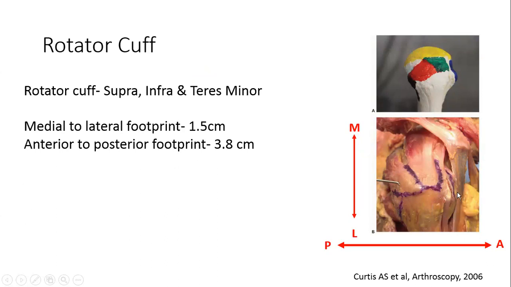Subscap length of this footprint, anterior to posterior, proximal to distal, is about 3 to 4 centimeters. The entire thing is 4 centimeters. And the attachment or the footprint can be 1 to 1.5 centimeters. So you have a little bit of area that you can cover in short and long axis. So you want to do that.